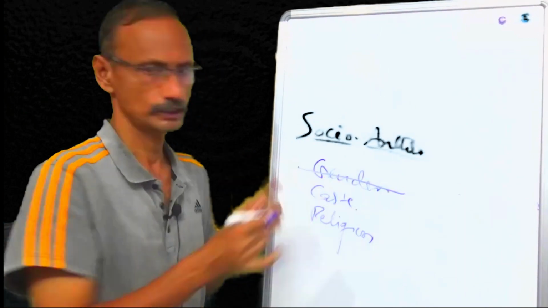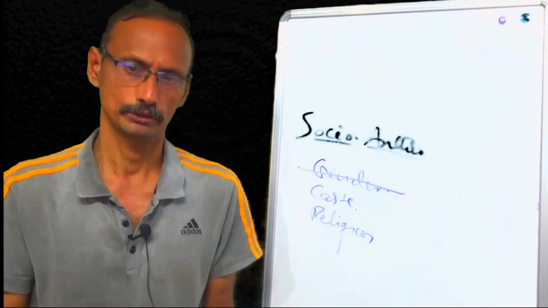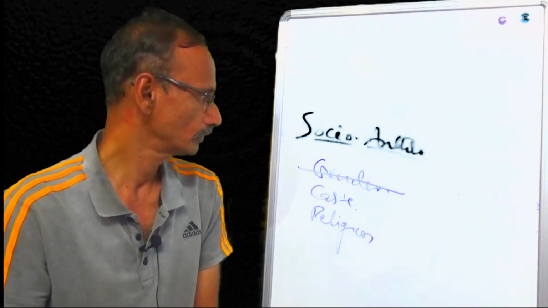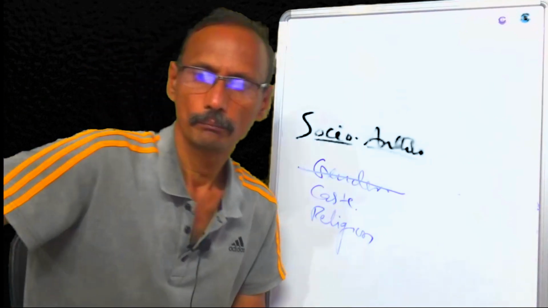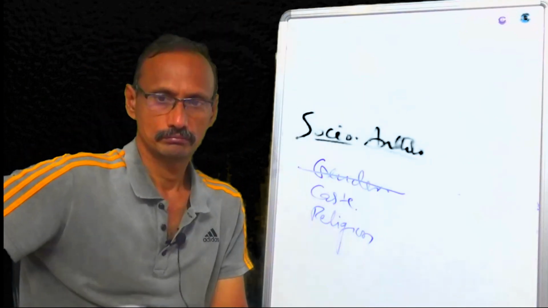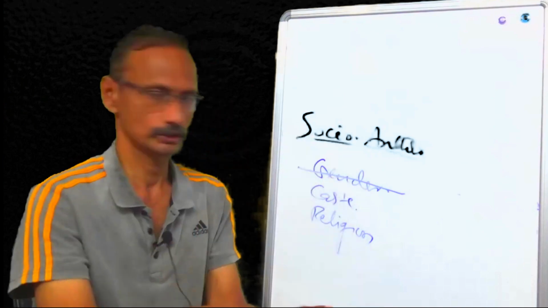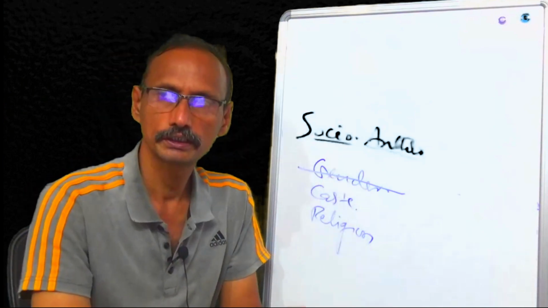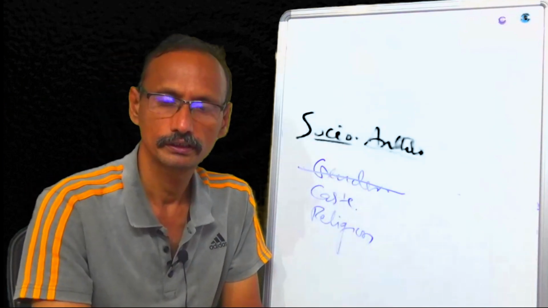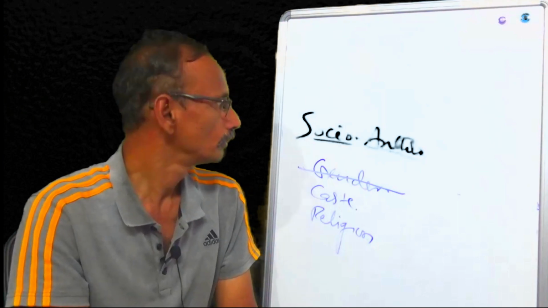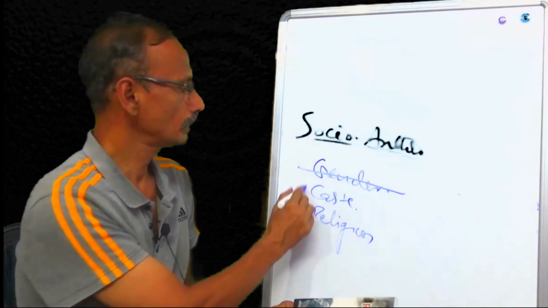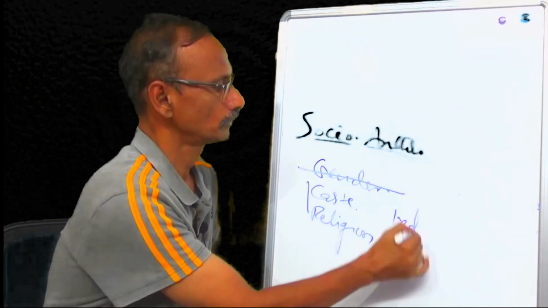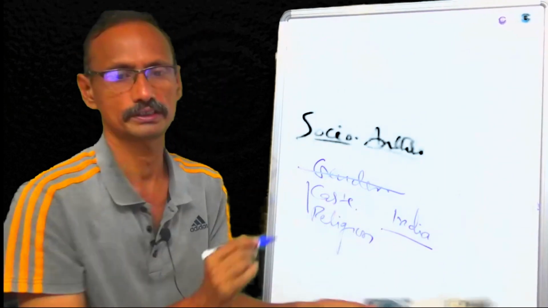I covered gender in the cultural anthropology book, and I also covered part of religion in cultural anthropology, the religion that is in general. Whereas in this book, I'm going to cover caste and religion in Indian context.